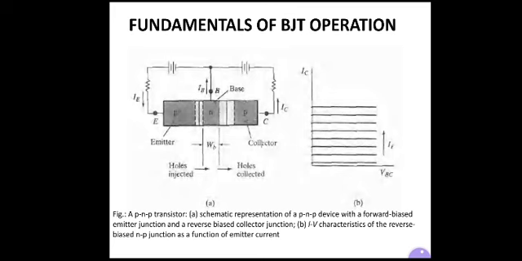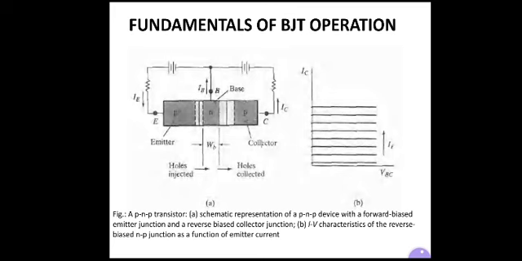With this configuration, the injection of holes from the P plus N junction, that is the forward bias junction, into the center N region supplies the minority carriers, that is holes, to participate in the reverse current through the NP junction.